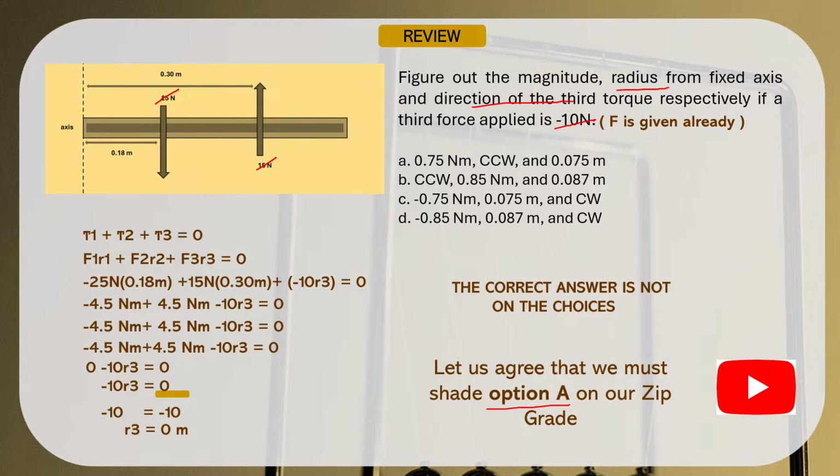I never checked it before I included it in our examination. So there's no answer here, and I am requesting and demanding you to just shade option A if you encounter this during your examination.